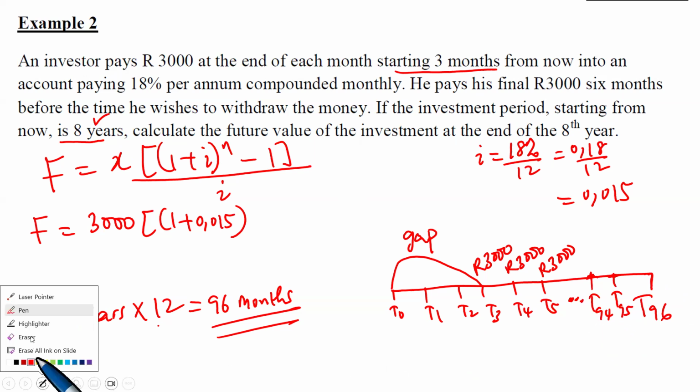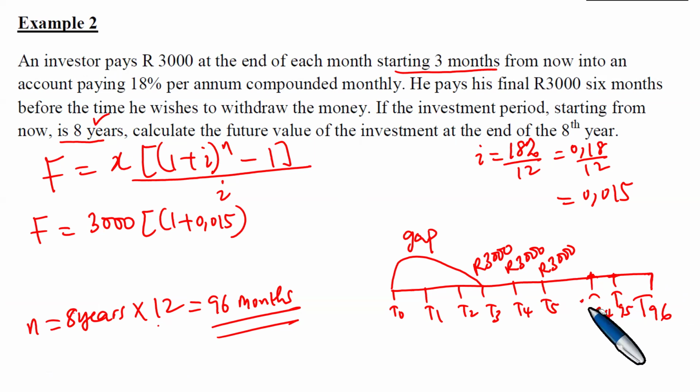Let's just include that up to T90. There's something happening at T90, because now he pays that, so that you have 3,000.